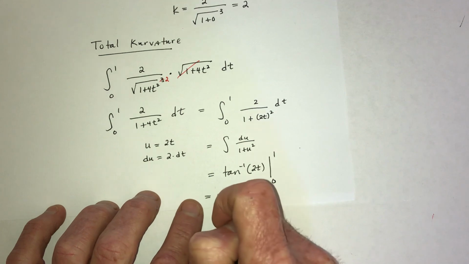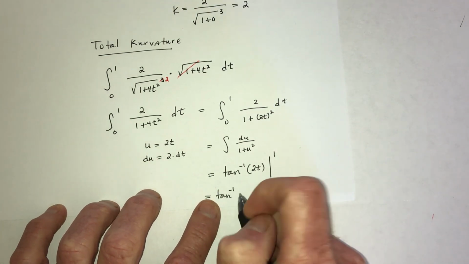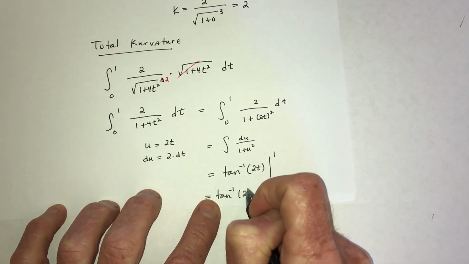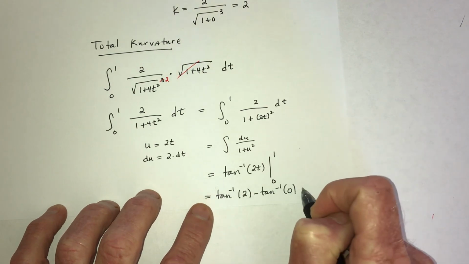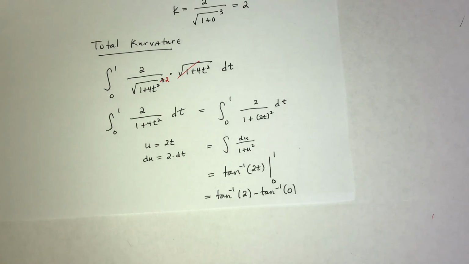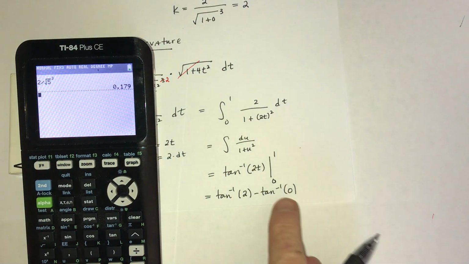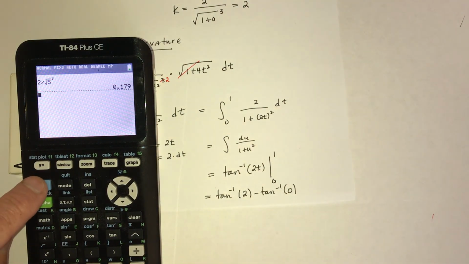So this will be tangent inverse of 2 minus tangent inverse of 0. So tangent inverse of 0 is 0. Tangent inverse of 2, I do not have that one memorized.